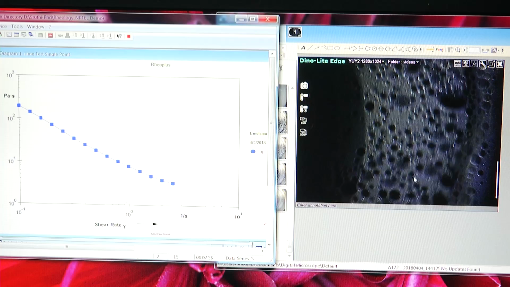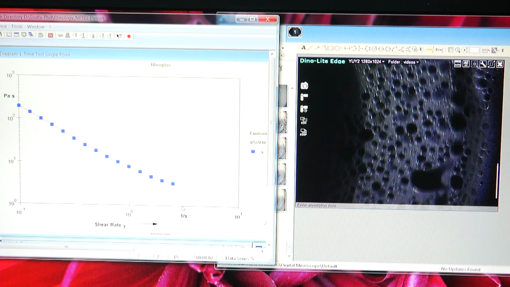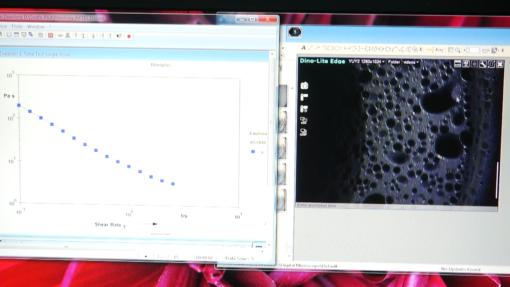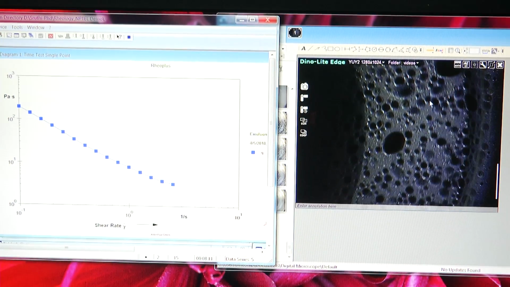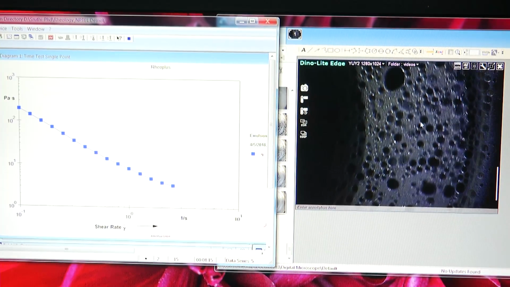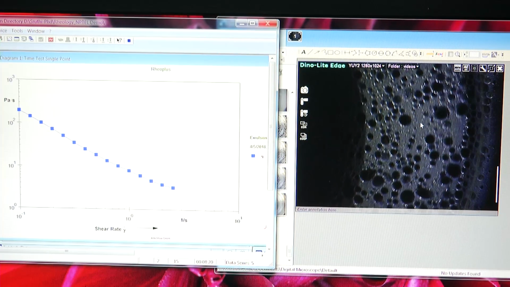Okay, now the shear rate has reached almost 2 second inverse. So now we can clearly see that many of the droplets have coalesced and formed very large droplets, and also the droplets are moving very fast. The frame rate of this microscope camera which we are using is just 30 fps.